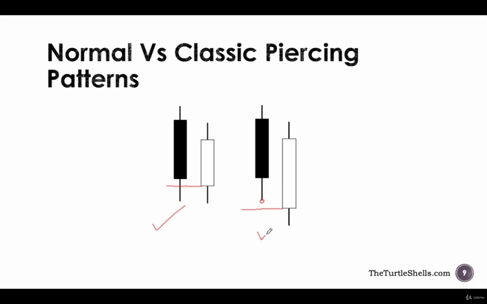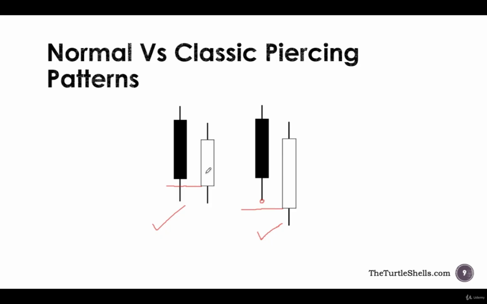I would call this a perfect piercing pattern or a classic piercing pattern. The main condition is where does the white candle open. If it opens below the low of the prior black candle, it's a perfect piercing pattern or a classic piercing pattern.